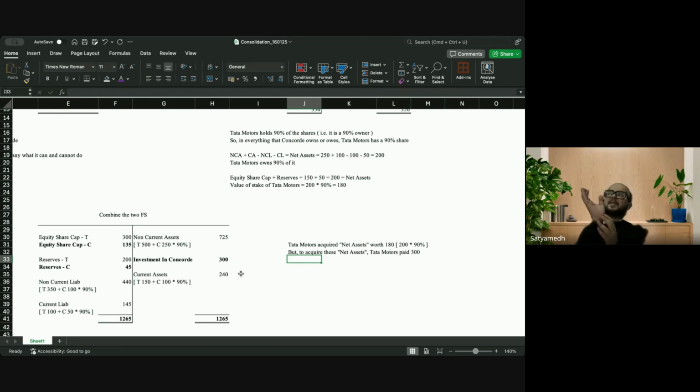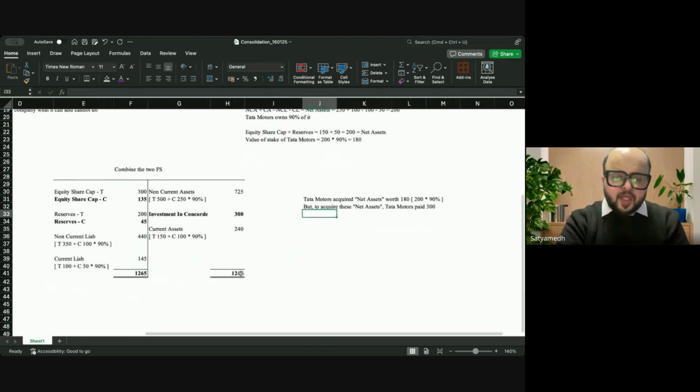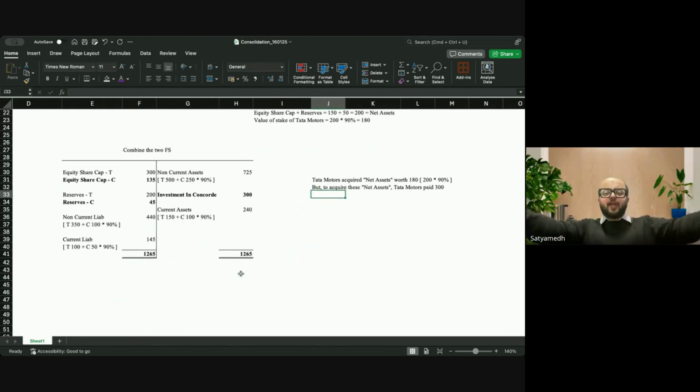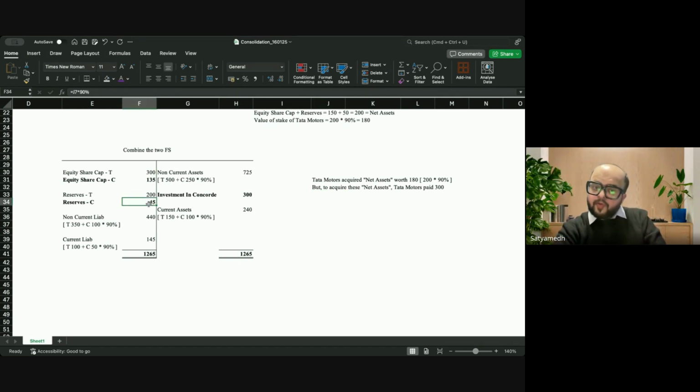Now, on the asset side, you have the total amount you have invested, and on the liability side, you basically have the total value of your stake in the other company. So instead of showing it as two separate items, ideally you should let the users of financial statements know that when I'm combining the balance sheet, I own 90% of the other company, whose value is 135 plus 45, 180, but I paid 300 rupees.